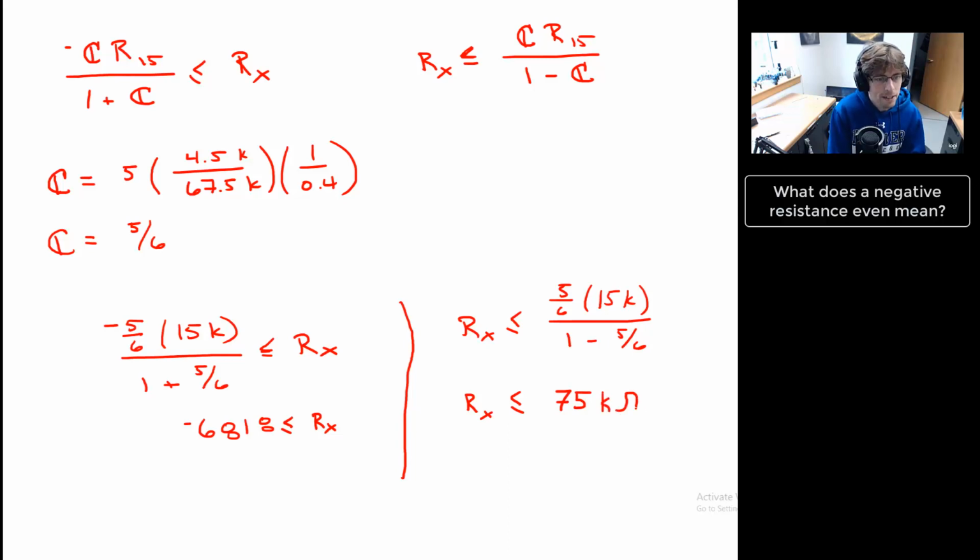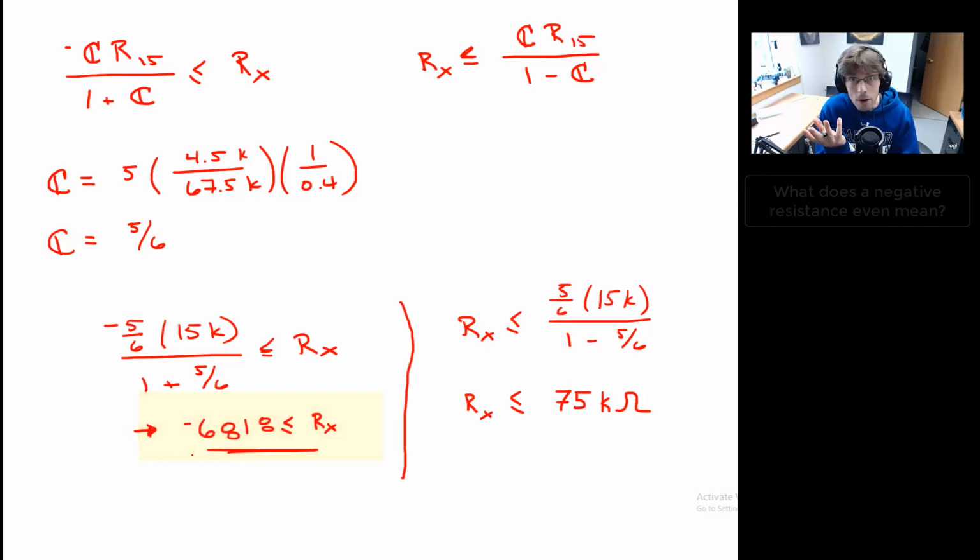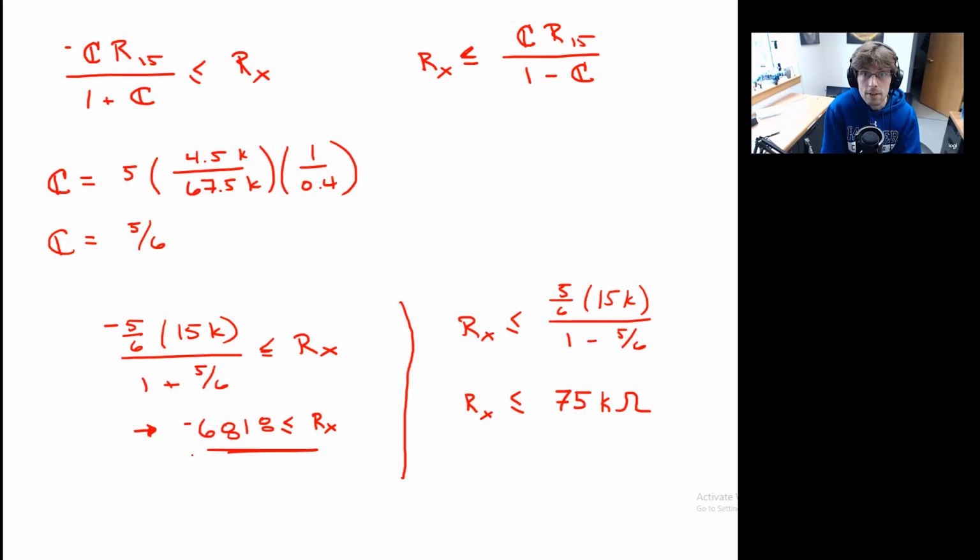Now, what does this mean? Let's look at this left equation. Does it make physical sense to have a negative resistance? No, it doesn't. That doesn't make any sense. So how do we correct for this? This means that we can make that resistance as low as possible and never saturate the op amp. And the smallest resistance that's possible is 0.